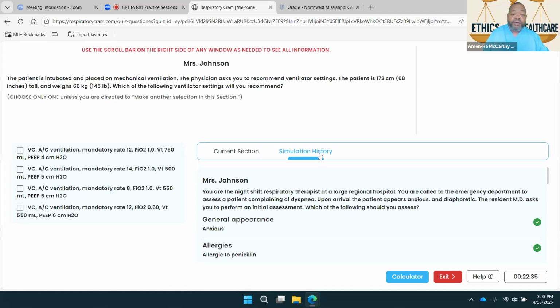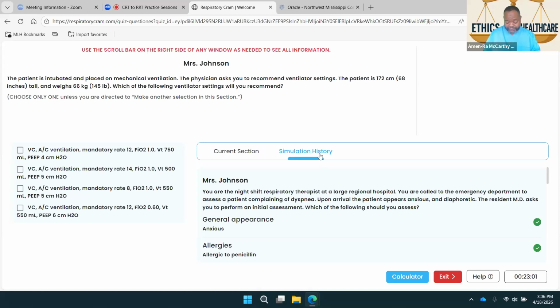All right, so 145, don't forget how to convert. How do we convert that to kilograms? 145 divided by 2.2. Good. So let's do that.